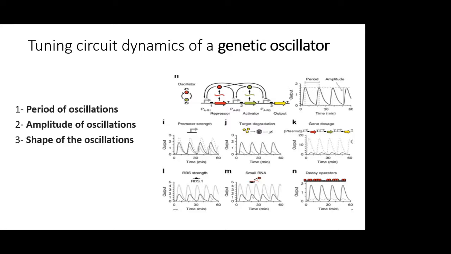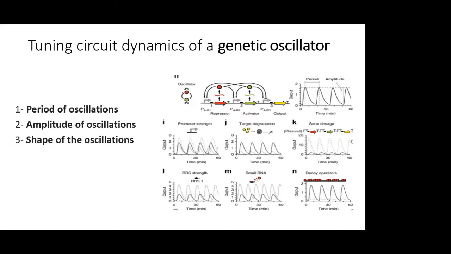It might be the case that you need a genetic oscillator with a specific period to produce a specific protein, for example, every, let's say, 6 hours, or to produce it at specific levels. So you need to tune these parameters in order to generate a functional circuit of desired behavior.